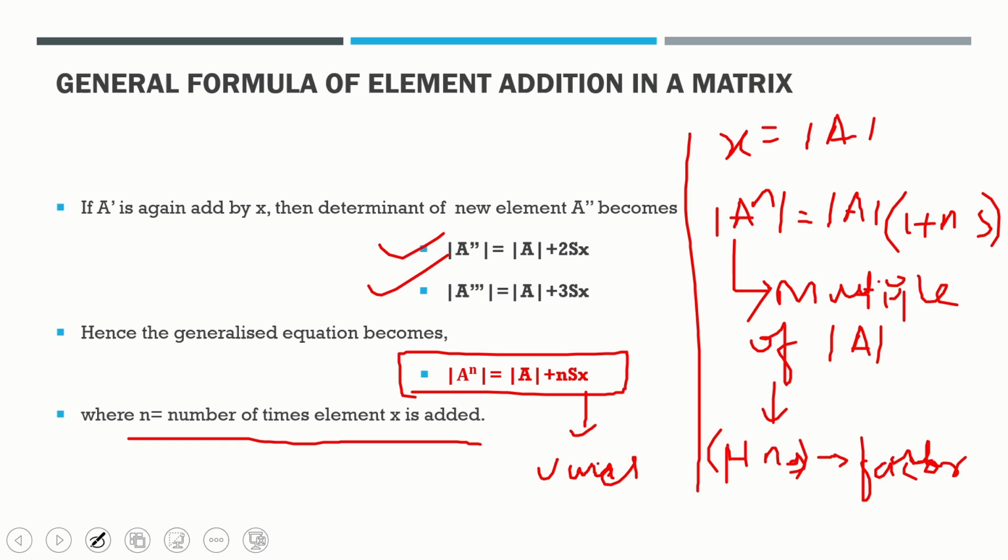It is a multiple of determinant a and the factor of this multiple is 1 plus ns.